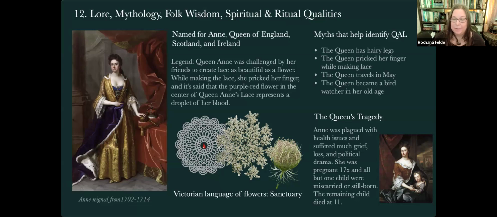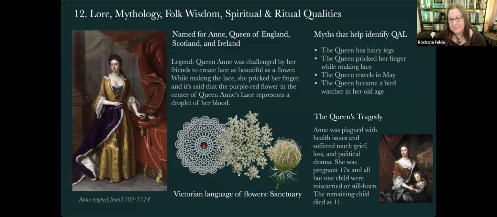And the queen became a bird watcher in her old age. What a funny thing to say to represent this birdcage effect that happens with the seed ball. So I think that's really interesting in how these old folk tales and myths, maybe a lot of them are there to help people identify plants properly, especially one in this family that has deadly consequences if you make a mistake.